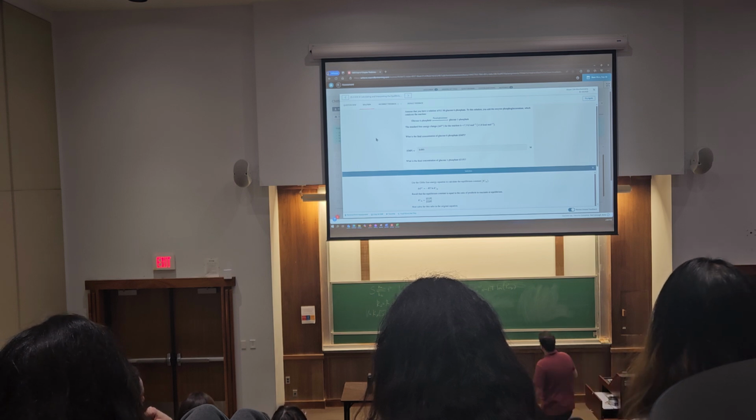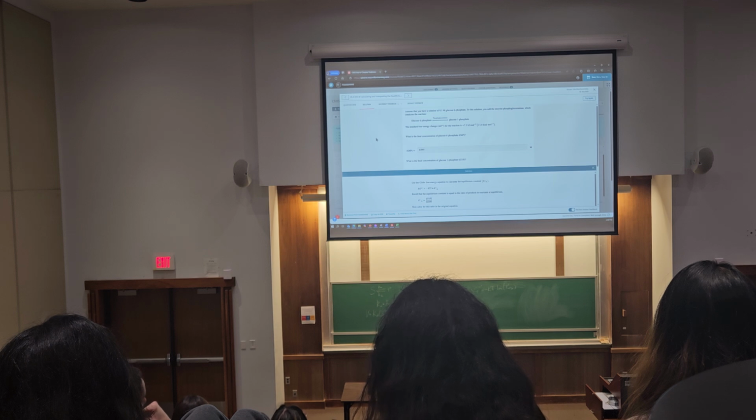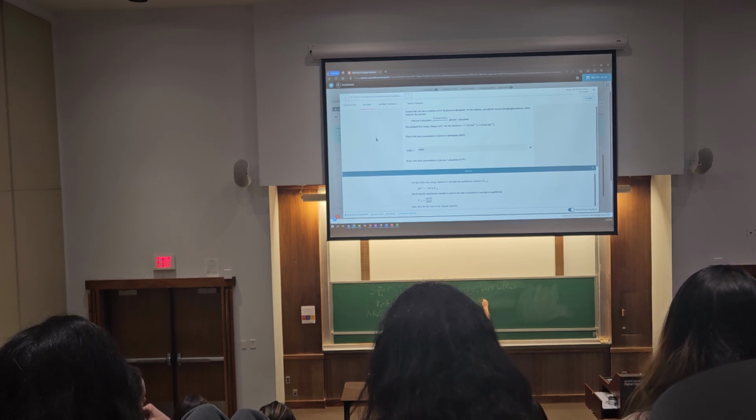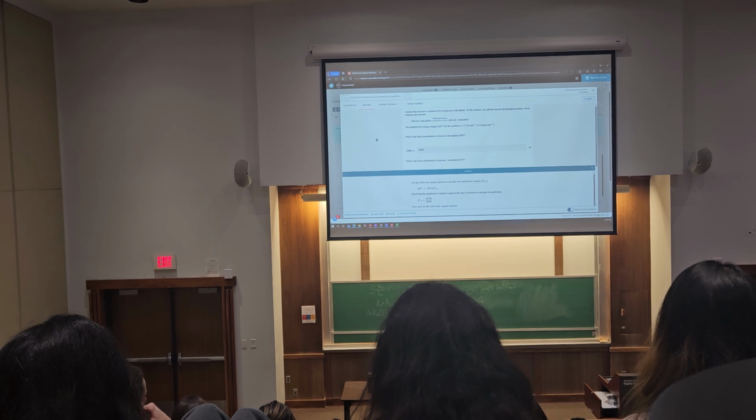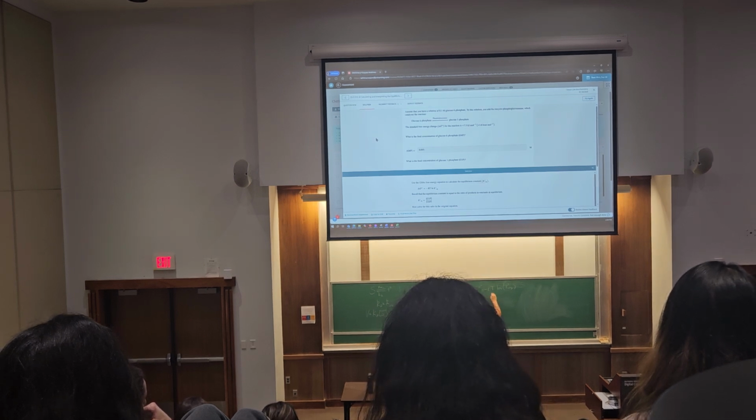Alright, so we know that the standard free energy change is 7.5 kilojoules per mole. Is that what it says? 7.5? Okay. This is equal to negative R, which is 0.008345 kilojoules per mole Kelvin, times temperature, right?